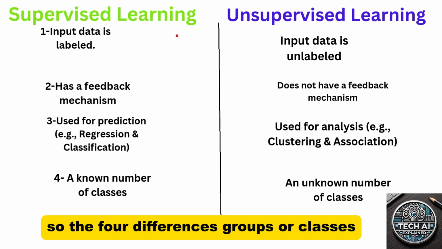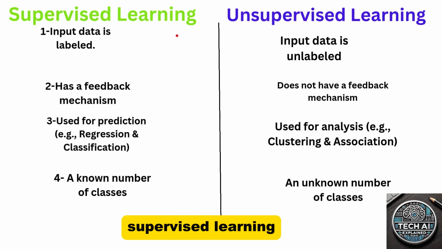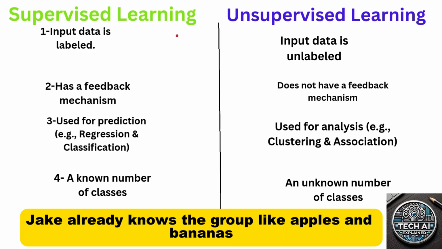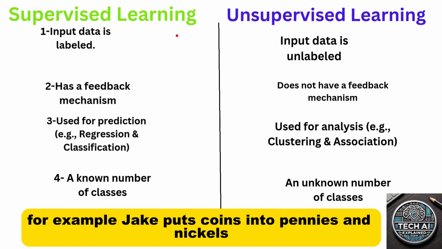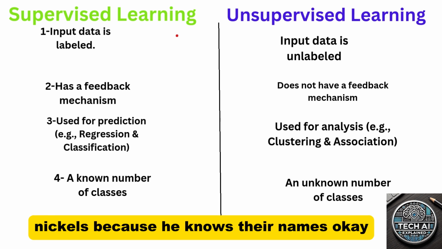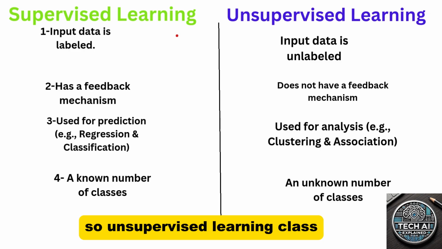So the fourth difference is groups or classes. Supervised learning, Jack already knows the group, like apples and bananas. For example, Jack puts coins into pennies and nickels because he knows their names. So unsupervised learning class, Jack does not know the groups.